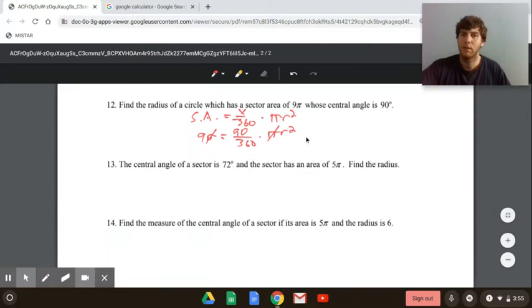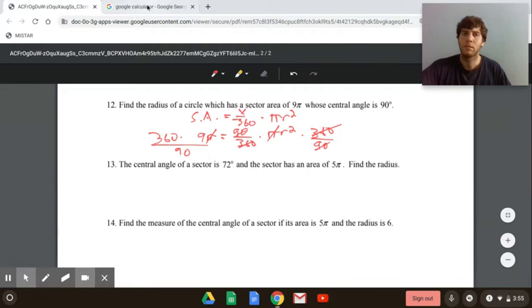Okay, and then you got to multiply by 360 on both sides. So 360 times 9, right? And then you'd have to divide by 90 on both sides. So you basically would have 360 times 9 divided by 90.